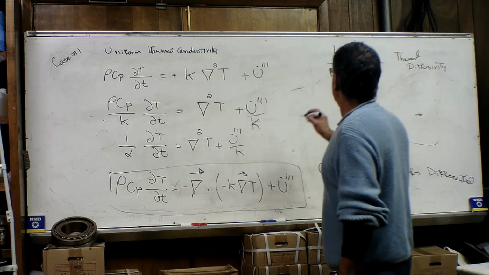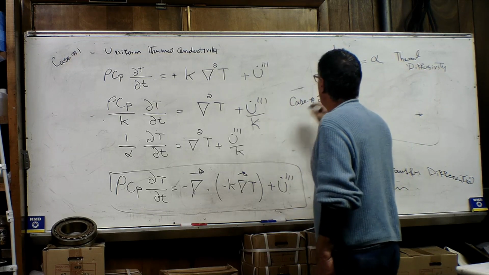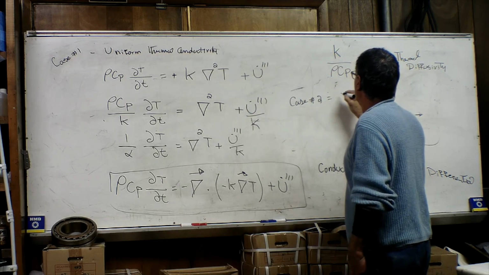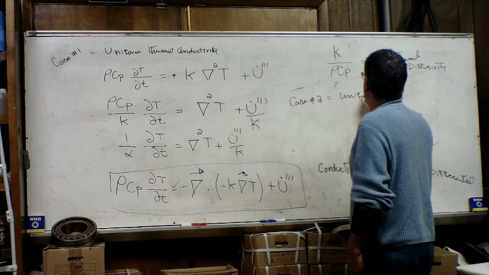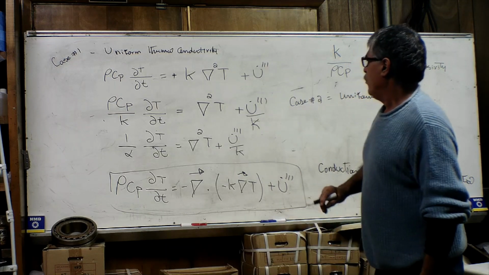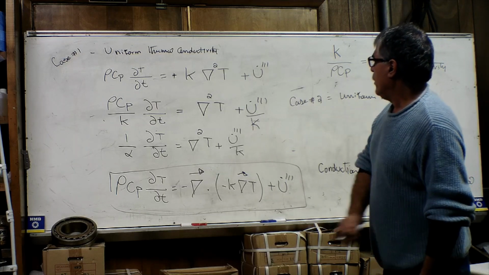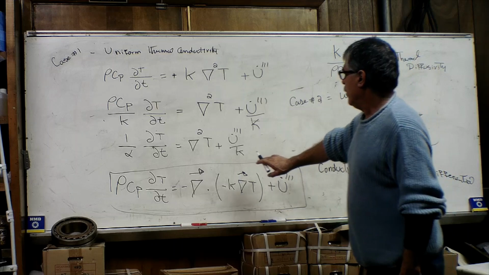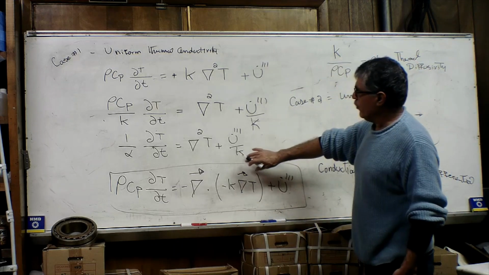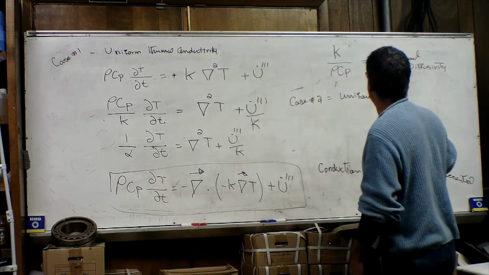Now case number 2, let's assume again that we have uniform k with no internal heat generation. If we have no internal heat generation, that means this portion will be equal to 0.